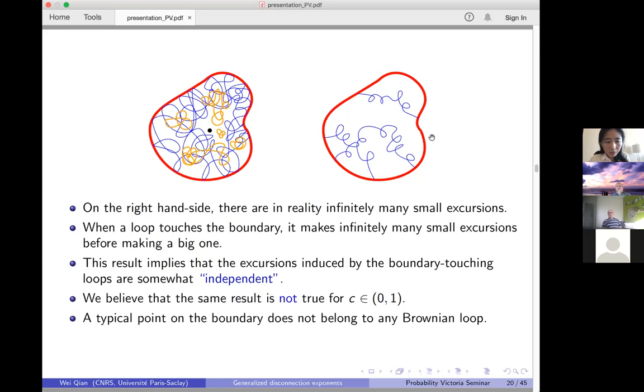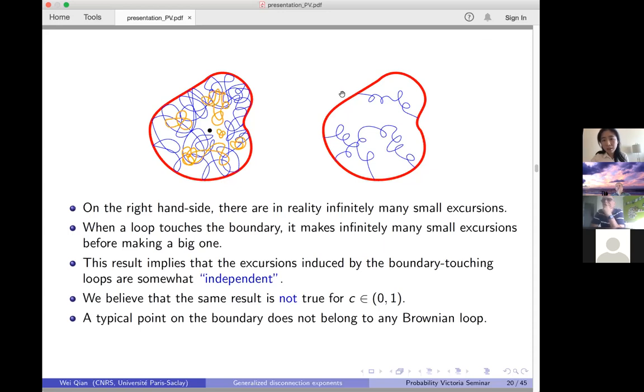So a last point that I want to mention, it's not a direct consequence of this result, but I hope you keep in mind, is that a typical point on the boundary does not belong to any Brownian loop, but it is the limit of a sequence of small Brownian loops.